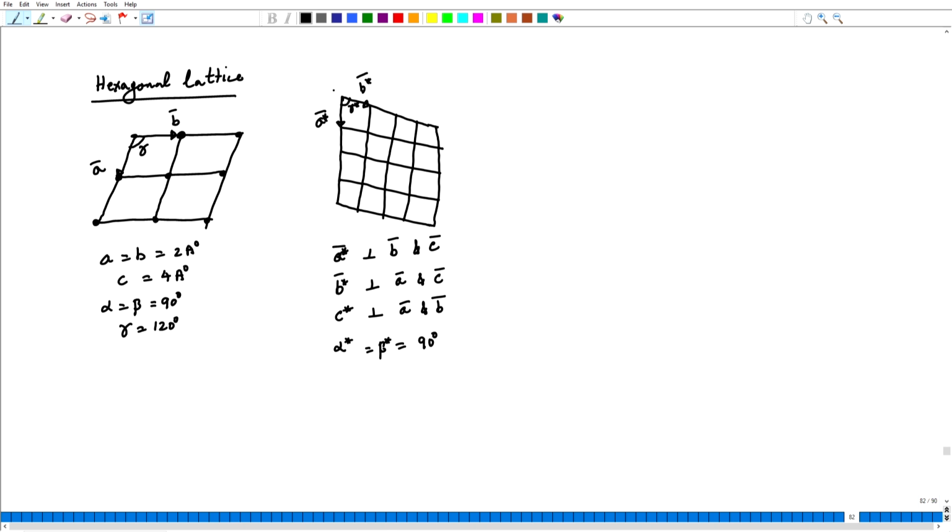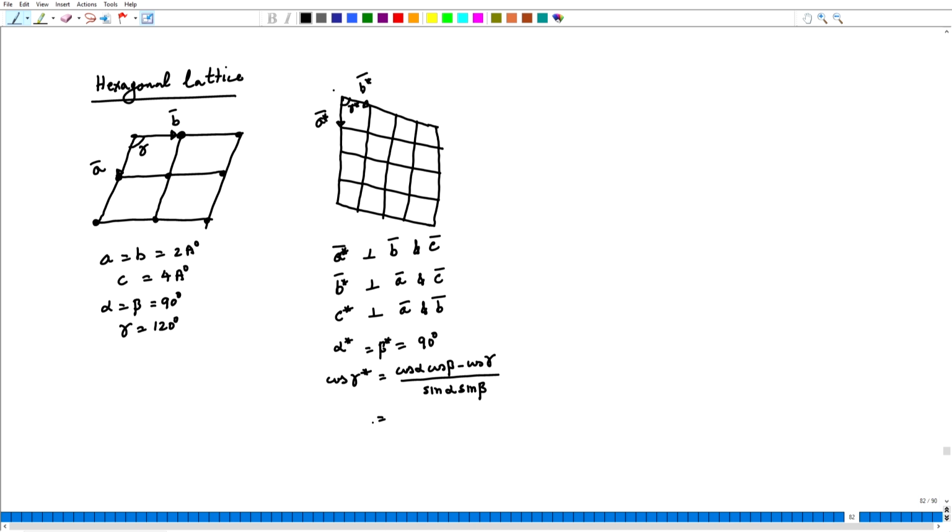So, what should be gamma star? We can easily compute by using the relation that we derived in the previous lecture, which is cos gamma star equals cos alpha cos beta minus cos gamma divided by sin alpha sin beta.